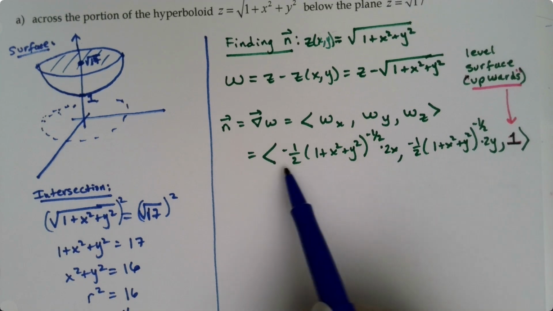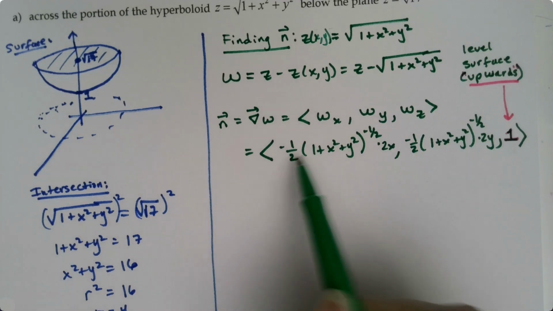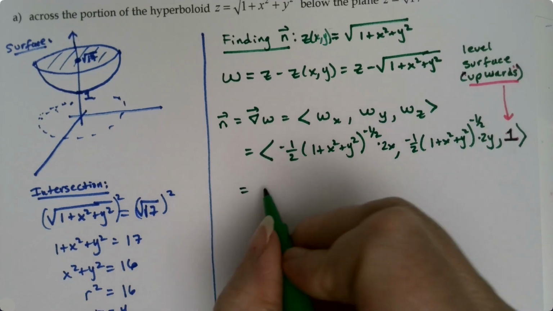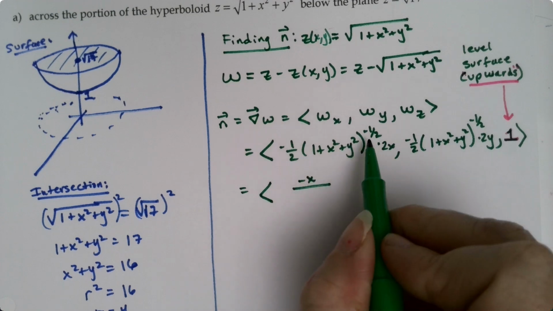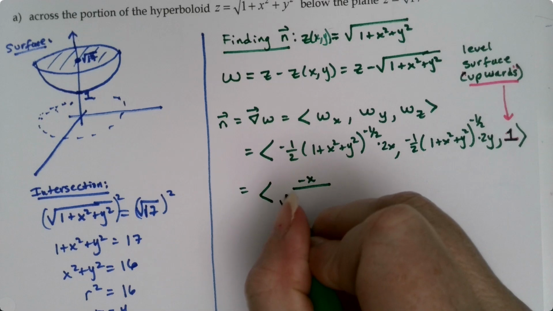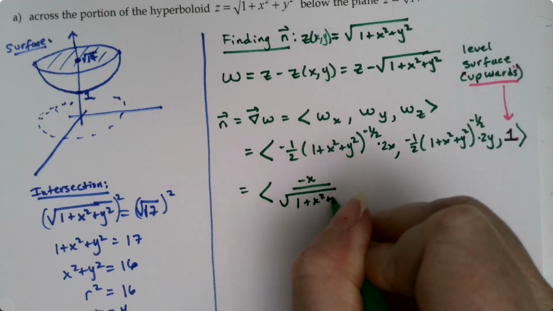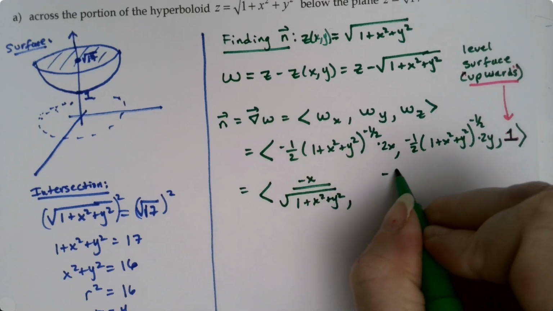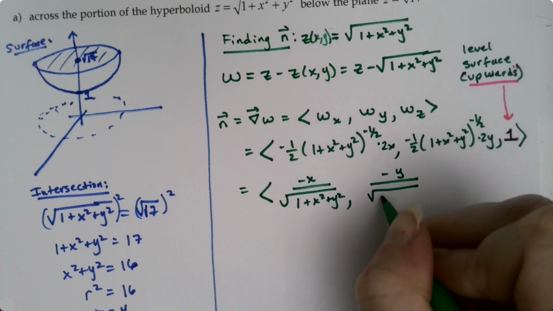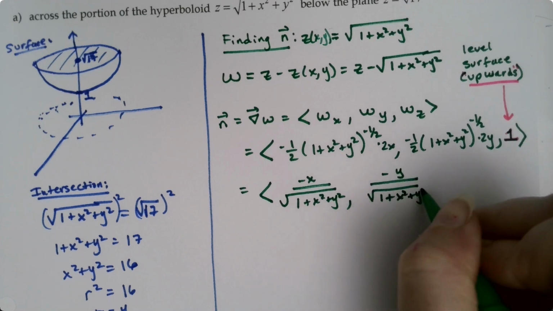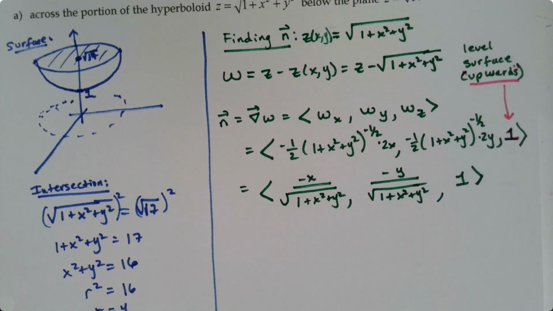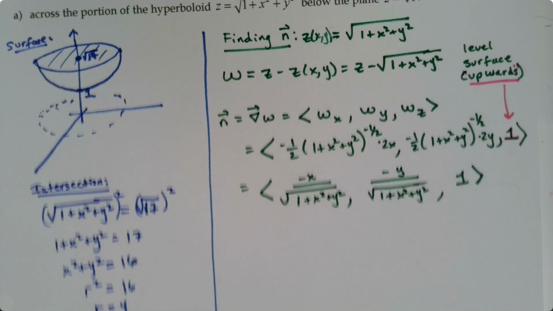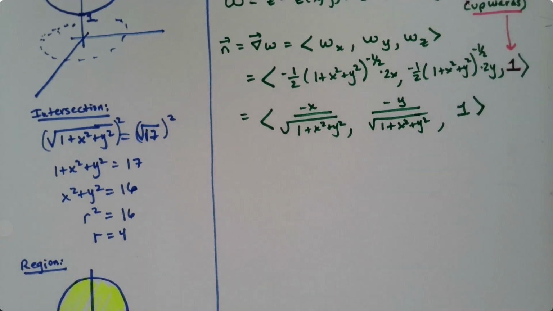The 2 and the half will cancel, and so it'll be negative x over, because this is a negative power, the square root of 1 plus x squared plus y squared, then negative y over the square root of 1 plus x squared plus y squared, and then 1. Wonderful.